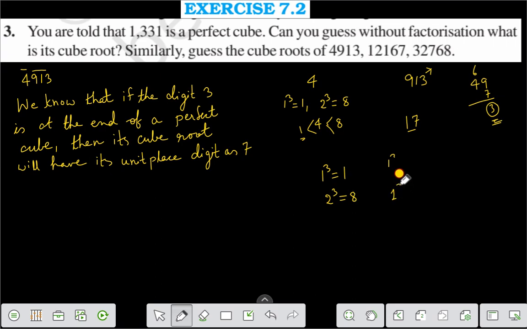But you see that 4 is greater than 1 cube, but less than 2 cube. So we take the smaller number, that is 1, right?